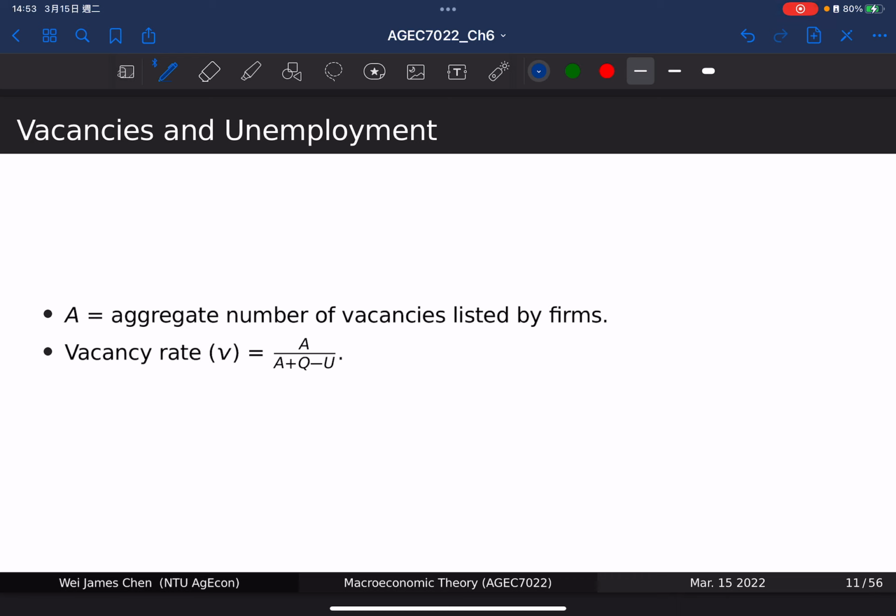And we define the vacancy rate V as A over A plus Q minus U. Why do we define it this way? So Q minus U is what? Labor force minus unemployed, which is what? Employed, right? This is employed.